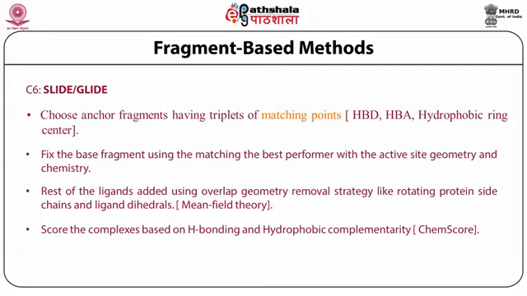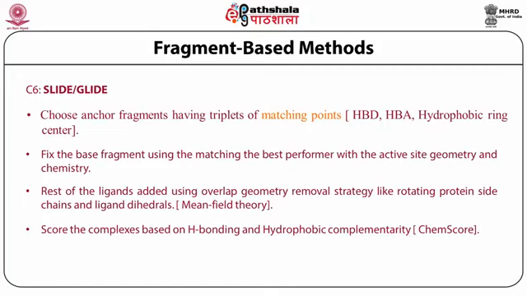These use mean field theory. So it resets every ligand, overlaps all the geometries, and goes on finding in a dynamic way. So these methods are all basically fragment based, but they do anchor one of the points, at least 3 matching points.